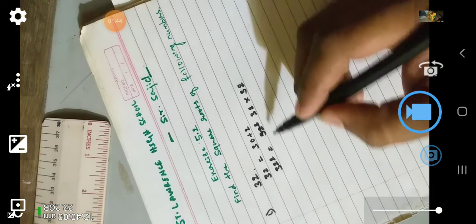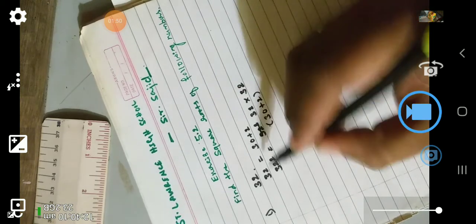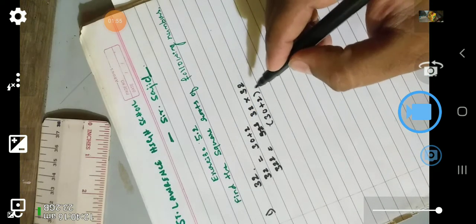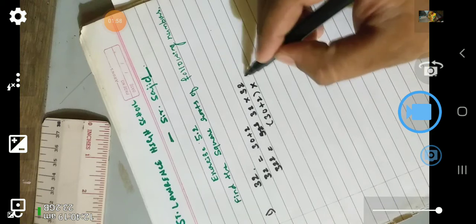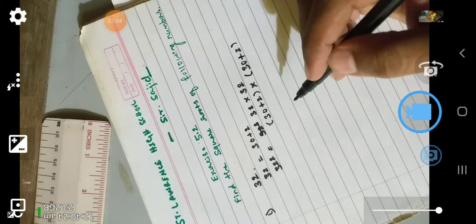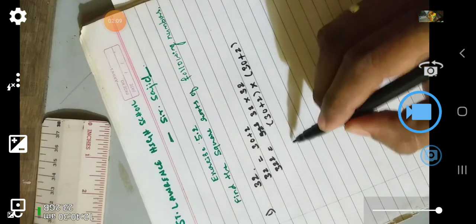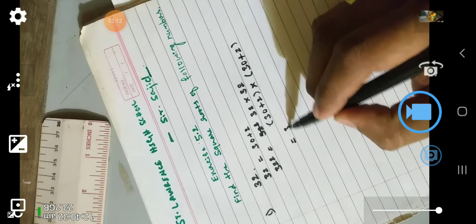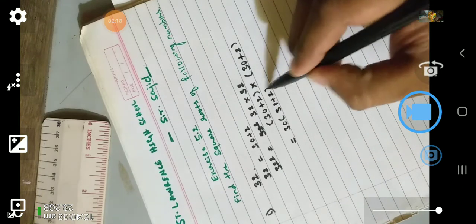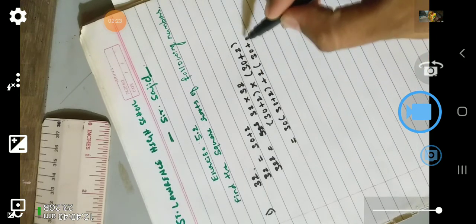So I'm going to write 32, that is 30 plus 2, correct? Then a multiplication symbol, and then again 30 plus 2. Let's cross multiply that. I write 30 into bracket 30 plus 2, and in between a plus symbol, 2 into bracket 30 plus 2.